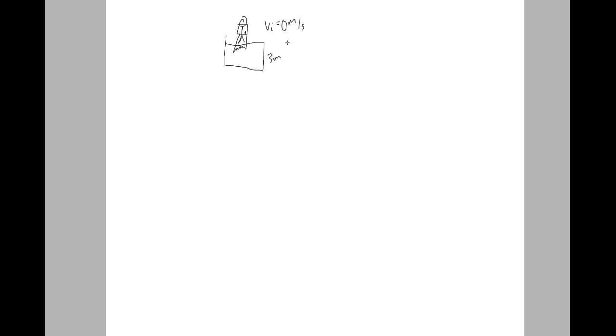And let's say this jetpack accelerates me up, let's say 2 meters per second. 2 meters per second squared, excuse me. And let's say that it does this for, let's say, 30 seconds. Okay?